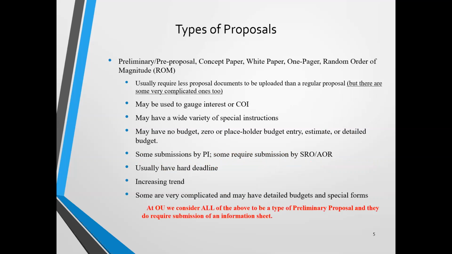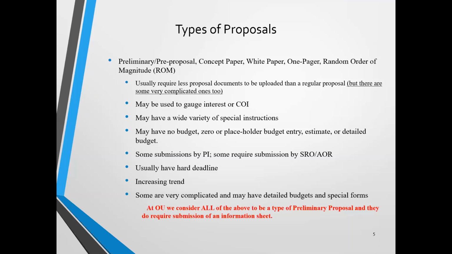A preliminary or pre-proposal, concept paper, white paper, one pager, rough order of magnitude, anything that's more than a letter or notice of intent, but not quite a full proposal, falls in this range. So these usually require fewer documents than a regular full proposal submission, but they can be very complicated too.